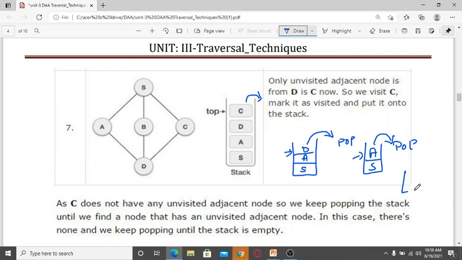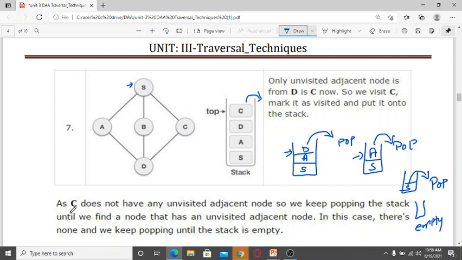Then in the last we have only S. From S, is there any unvisited adjacent node? No. So just take out S, pop, and make the stack empty. The stack is empty. That means in this graph all are visited.